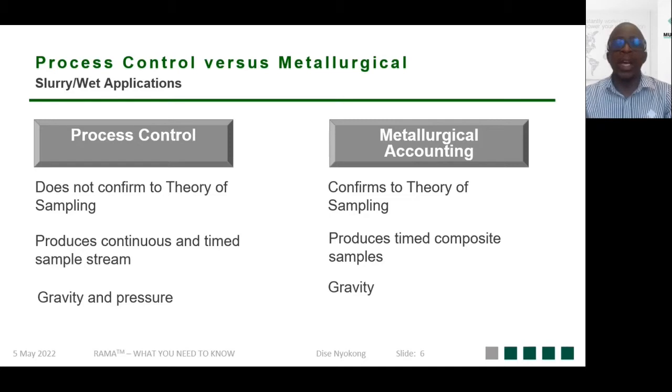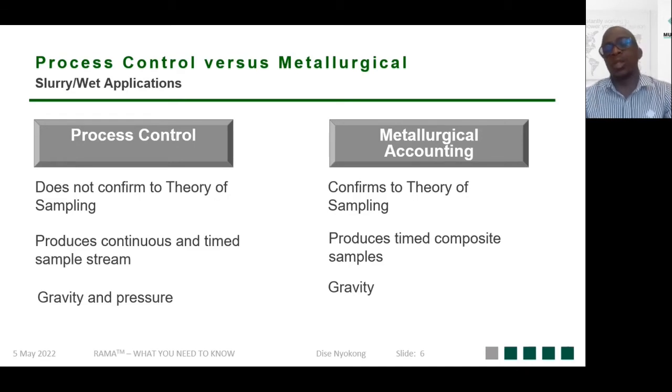And normally for metallurgical accounting, it produces timed composite samples, as opposed to most of the time for process control, where sometimes you have a sample being extracted continuously. And normally for metallurgical accounting, to comply with theory of sampling, that is normally under gravity.